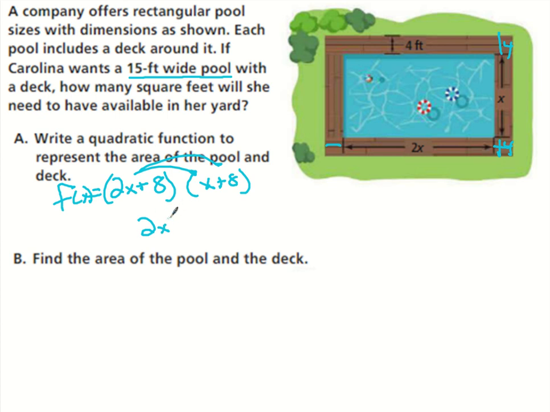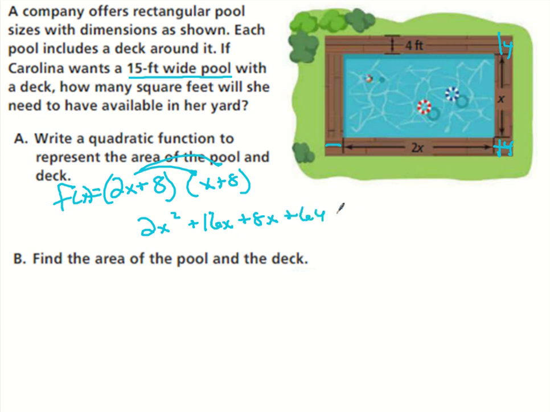Then I have 2x times 8, and that's going to give me 16x. Then I have 8 times x, which is 8x, and 8 times 8, which is 64.